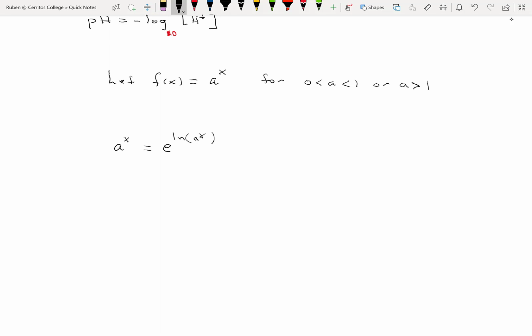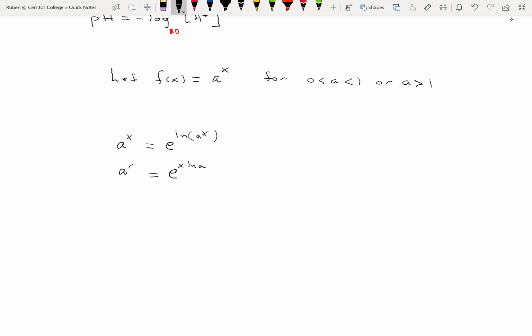Then I'm going to use the third of the big three principles for logarithms, and in that exponent, I'm going to bring the x down as a coefficient of ln a. So I'm going to write this as e to the x times the natural log of a. So this is just e to some constant multiple of x, and we can find the derivative of e to a constant multiple of x.